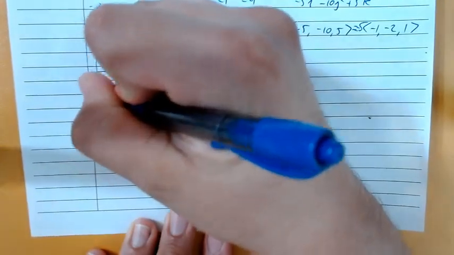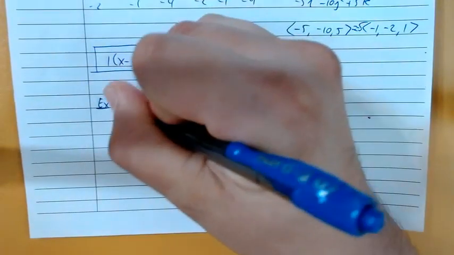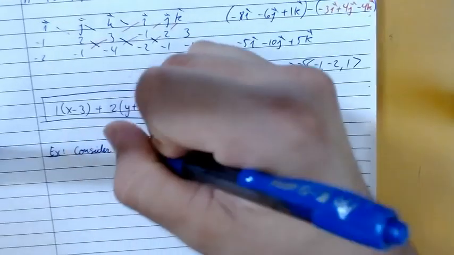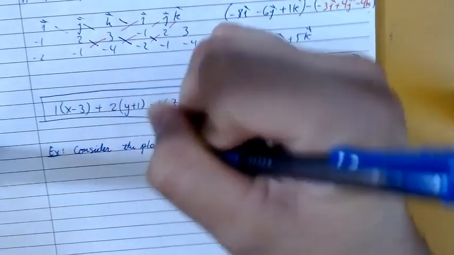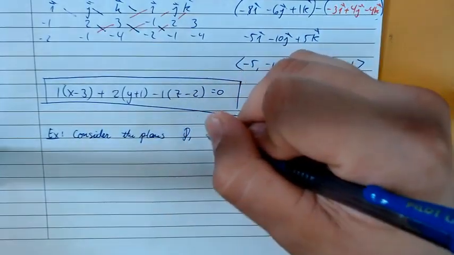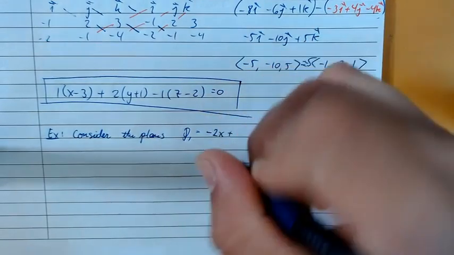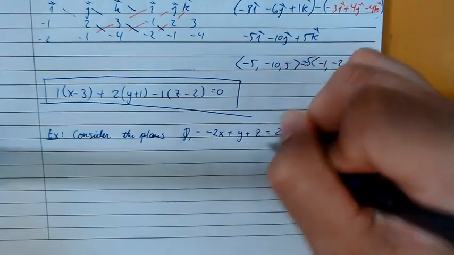So, example. Consider the following planes. Consider the planes, I'll call P1, that'll be negative 2x plus y plus z is equal to 2.